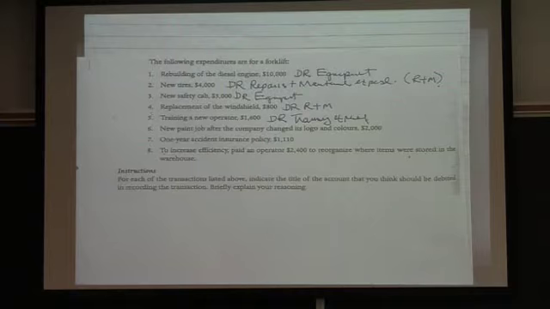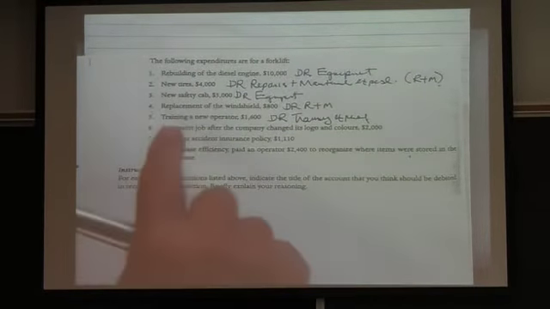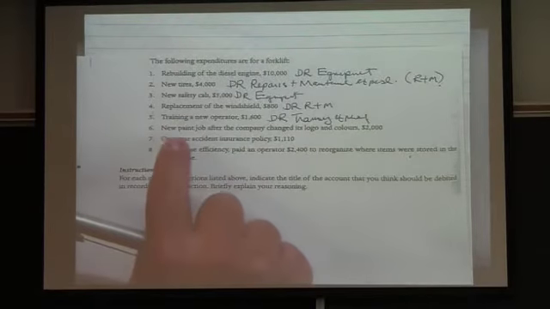All we're doing is training our employee to know how to use the forklift. It doesn't increase efficiency or productivity. It's part of the normal course of business, so it should be a debit to an expense called training expense.